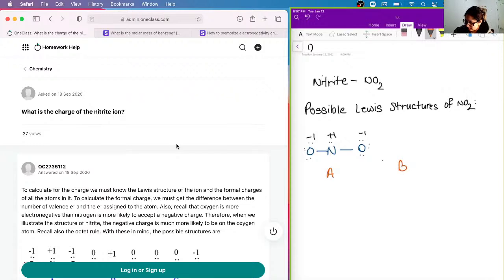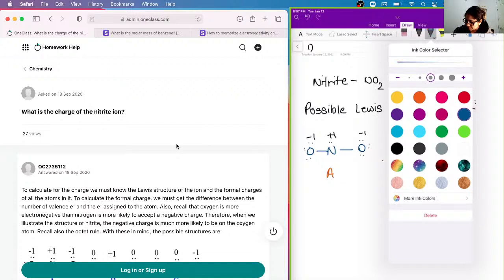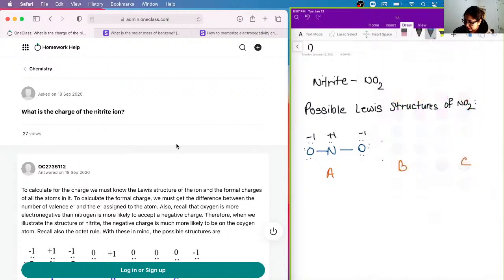Okay, now let's draw structure B. Let's say we can have another structure. To draw out the next structure, nitrogen is double bonded with an oxygen and double bonded with another oxygen here. In this case, you can see oxygen can only form 2 bonds, right? So it formed 2 bonds, and so it would have 2 more lone pairs. Same for this one.